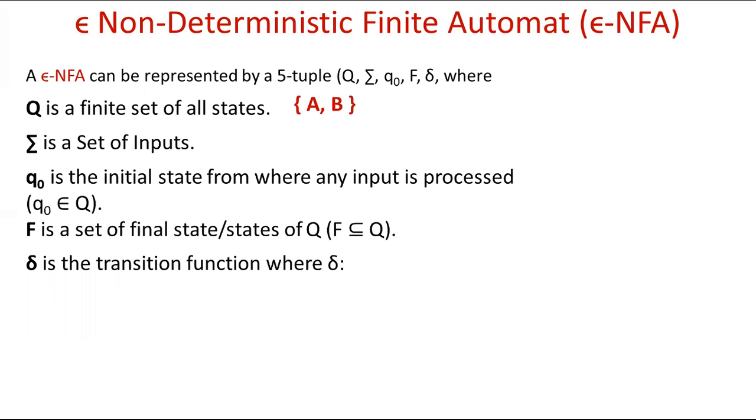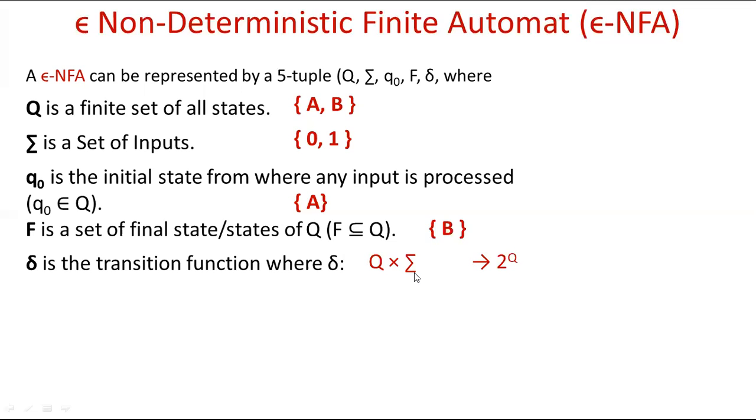Here Q is having 2 states, A and B. The inputs are 0 and 1. The initial state is A. The final state is B. Now let us see what the transition function is. Here it is Q cross sigma tends to 2 power Q. So the transition function in our regular NFA is Q cross sigma tends to 2 power Q. That is, any state on getting any input can go to any of the 2 power Q outputs.